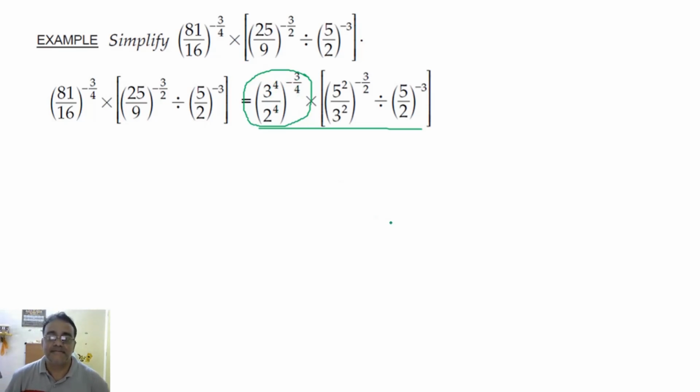Yes, sir. A to the power m upon b to the power m is equal to, एक मिनट. Sir, a to the power m by b to the power m is equal to a by b whole power m.